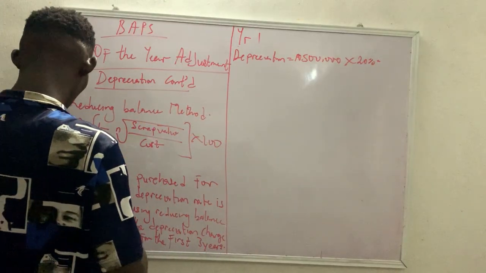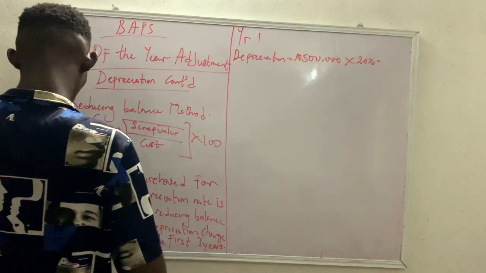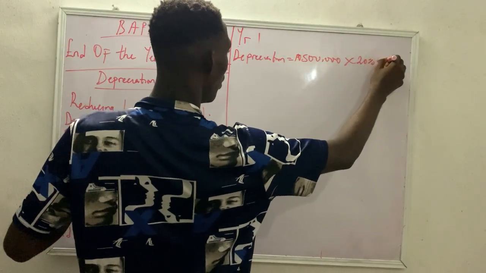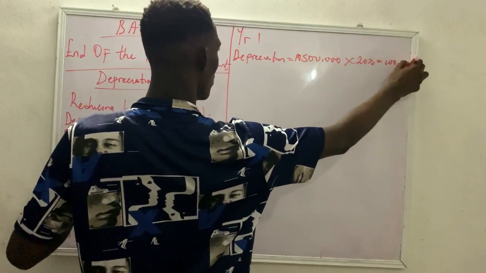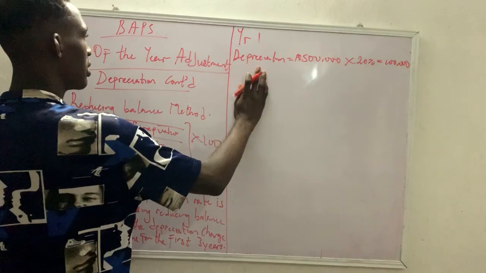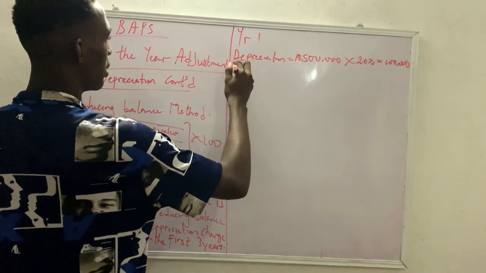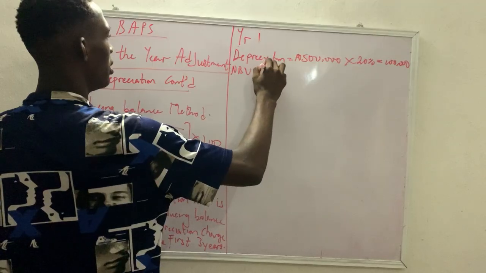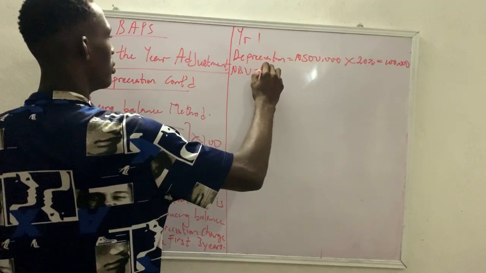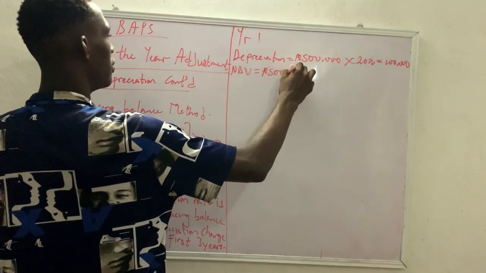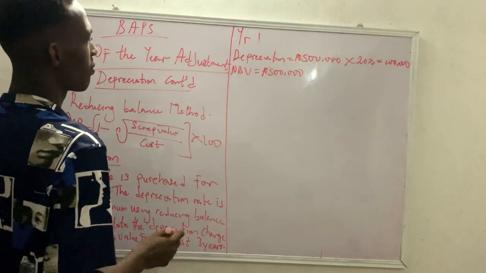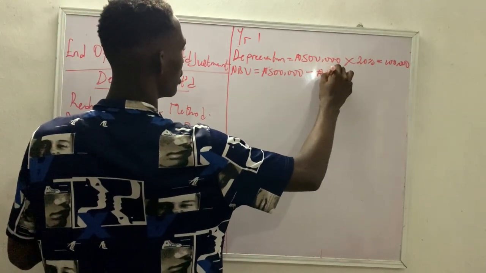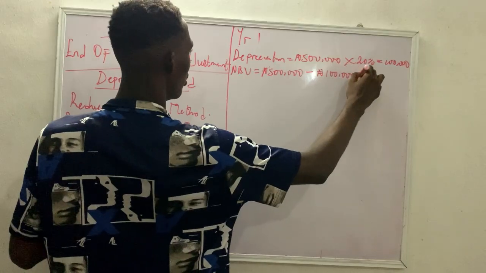So 500,000 times 20% is 100,000. So this is the depreciation charge for year one. Then our net book value will be our cost minus our depreciation charge. So that will give us 400k.